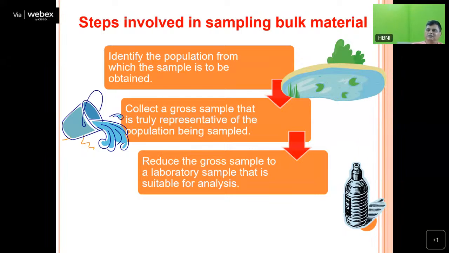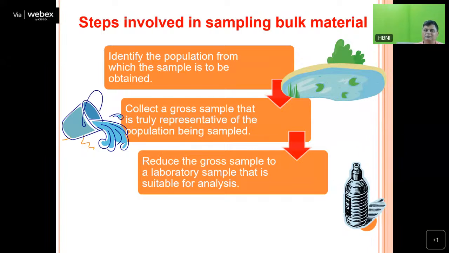Then from that population, I have to collect a proper sample which represents this whole area. Since I cannot determine the concentration of lead on the spot, the grab sample which I collect from that lake should represent the whole lake. Then I convert it to smaller samples, put it into a small packet or bottle, and bring it back to the laboratory to perform the analysis.